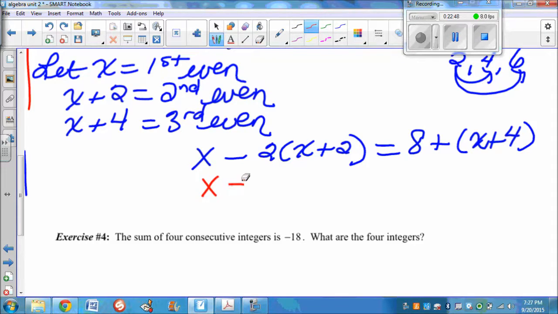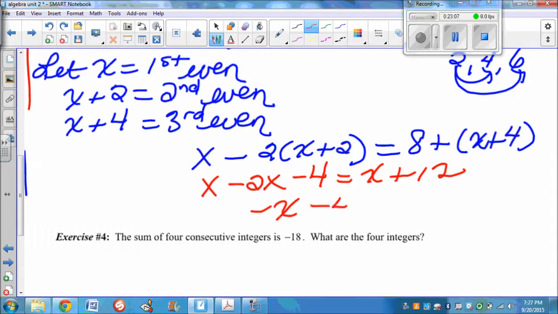So we get x minus 2x minus 4 equals, and now I said before, I don't need the parentheses there. There's no multiplication. Well, there's a multiplication of 1. That doesn't change anything. Just combine your like terms. Negative x minus 4 equals x plus 12.